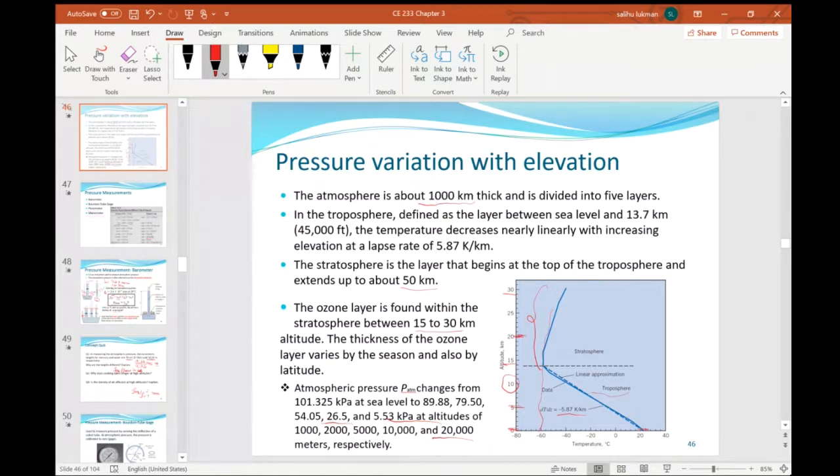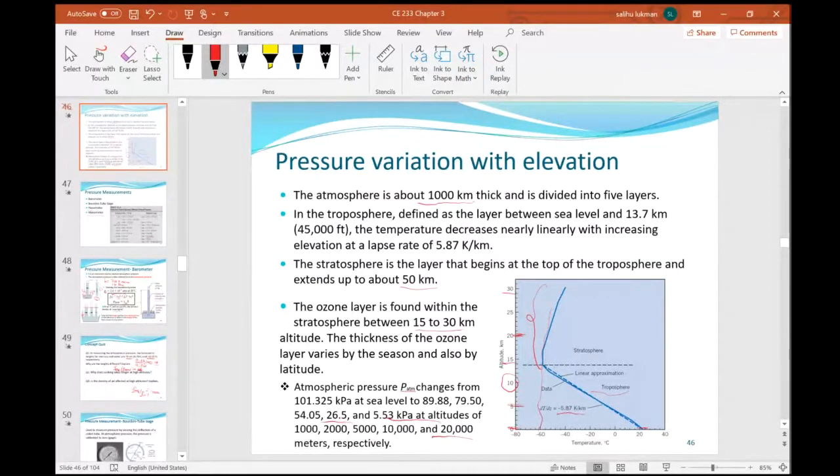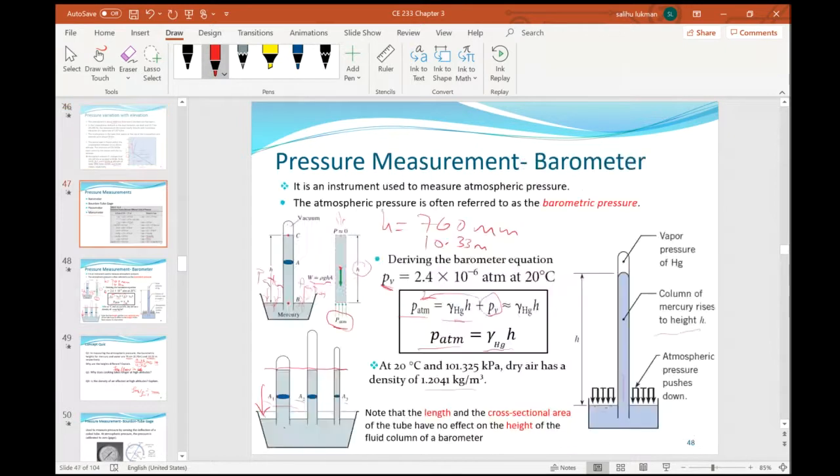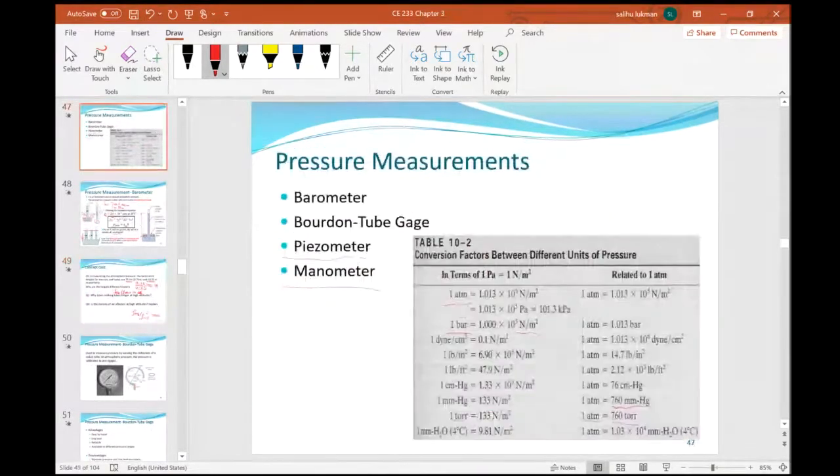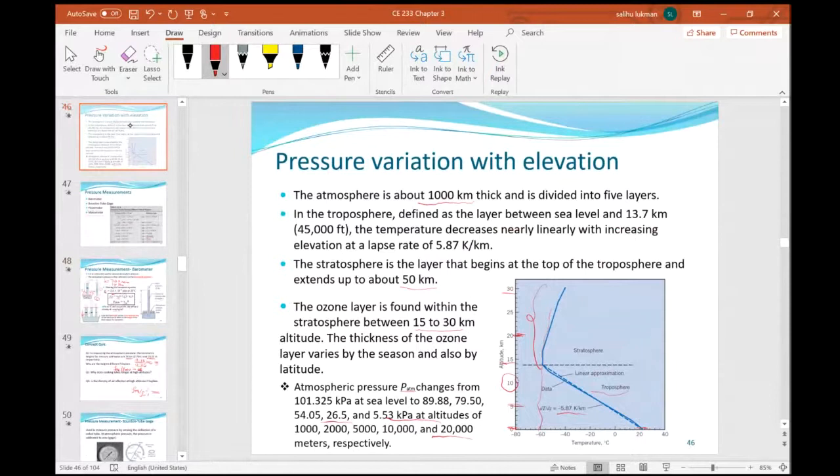When the vapor pressure is 26.5, it's about 65 degrees Celsius. So it means at 10 kilometers above sea level, water will boil at about 65 degrees Celsius.